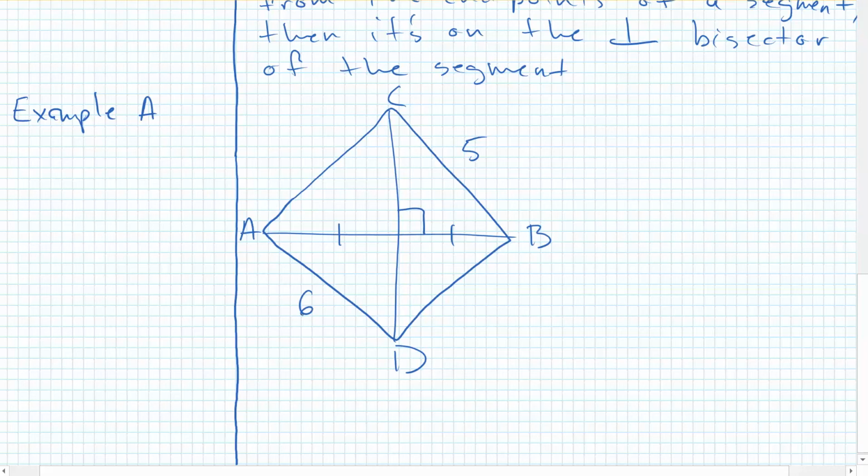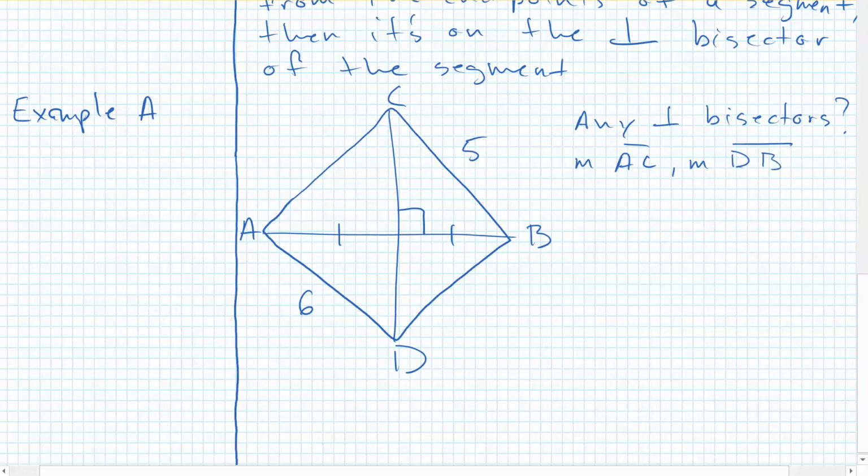What we want to do is decide first off if there are any perpendicular bisectors. Then we want to know the measure of AC and the measure of DB.